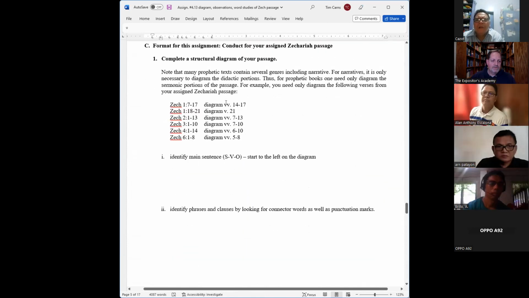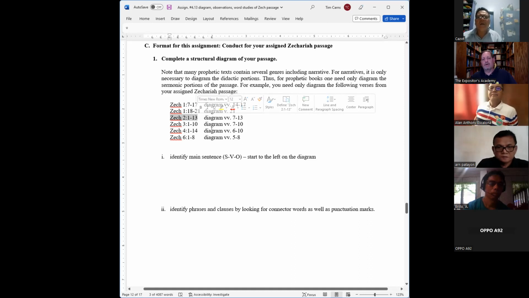And then after that, I give you the space to do this assignment for your passage. And now notice I indicated for your passage what verses to diagram. Okay, so if your passage is Zechariah 2, you don't have to diagram the whole passage, just diagram verses 7 to 13.